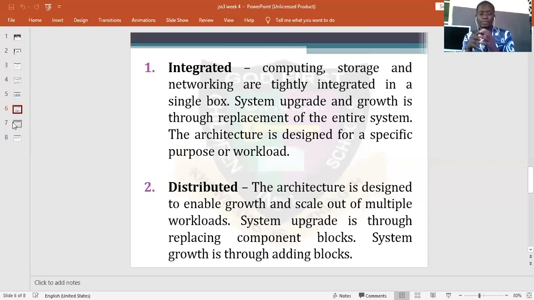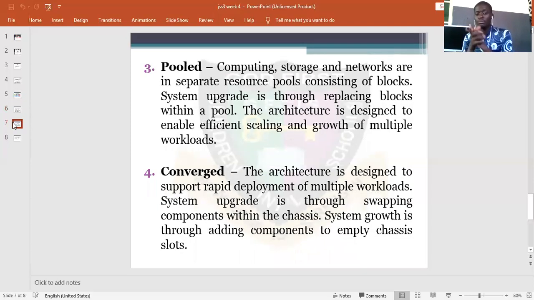Then three, we have the pool: computing, storage, and network are separate resource pools consisting of blocks. System overload is handled through replacing blocks within a pool. The architecture is designed to enable efficient scaling and growth of multiple workloads. Now, this is just like an advanced version of the pool system.